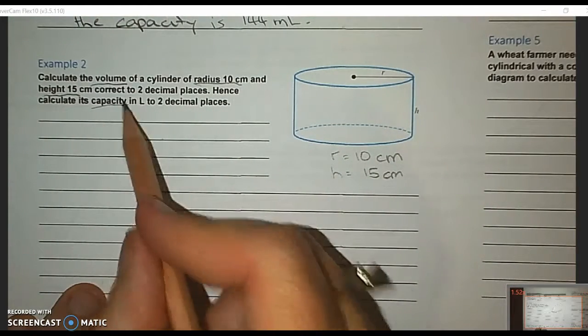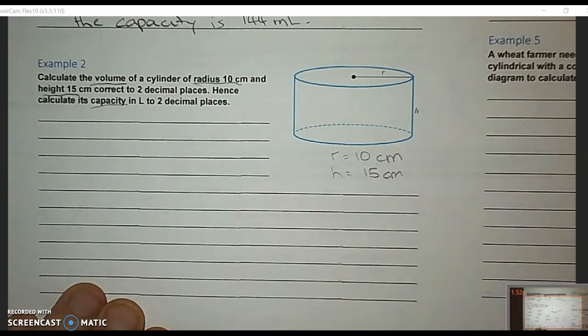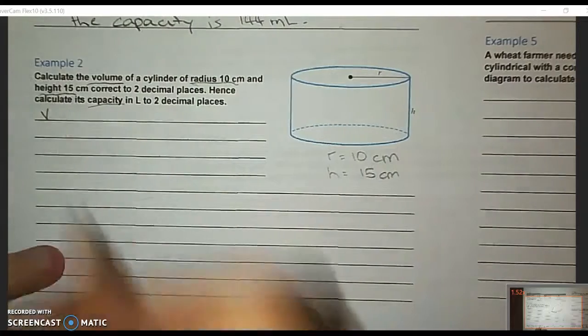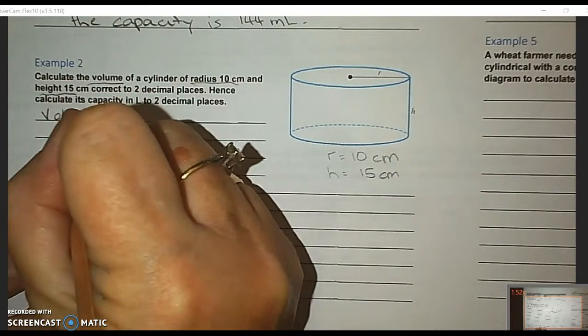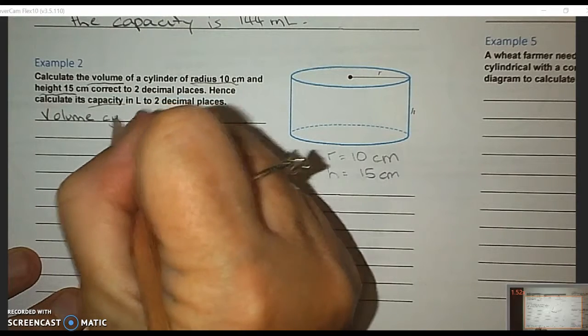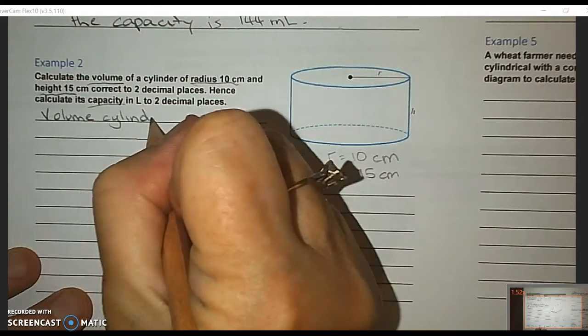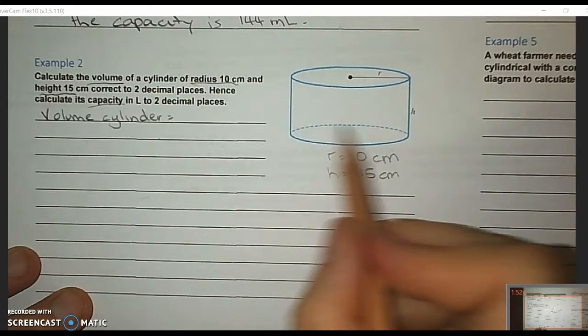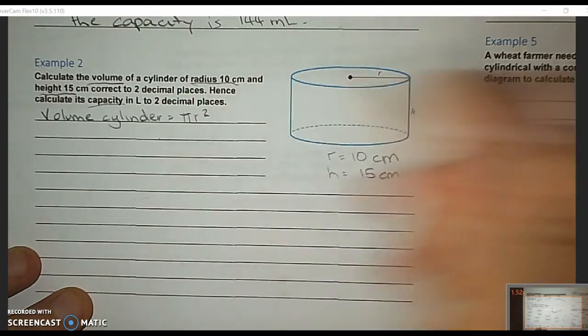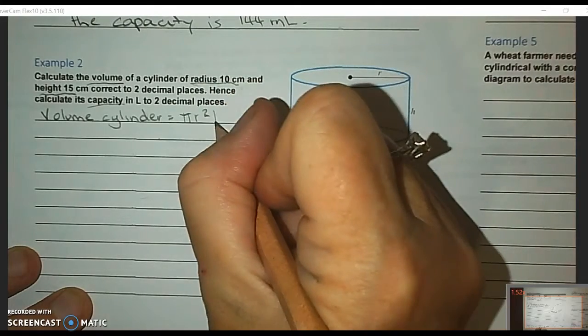And then calculate its capacity. Okay, so we'll do volume first. So volume of our cylinder. So that's the area of the base, which is pi r squared, times by its height.